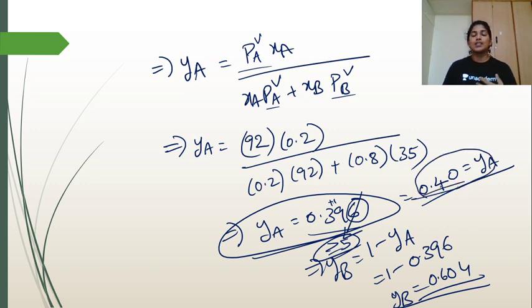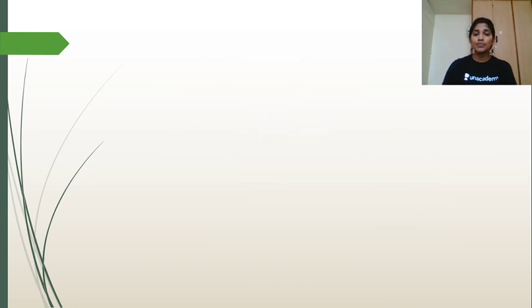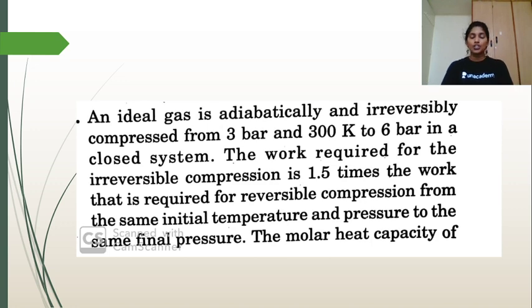If you give the answer as 0.40, then only your answer will be correct. But if you give 0.39, then your answer is wrong. So be careful with the calculations and do it properly. You should be fast, but at the same time you should check the calculations also, because you have to be perfect, right?